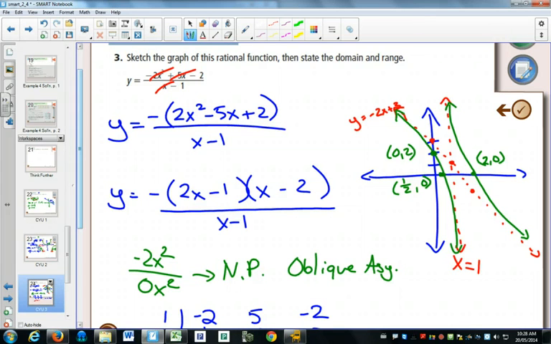It doesn't matter what the oblique one is, because once you get one point on the right side of x equals 1, it's either going to be in this little section below, and then you'll know what the graph looks like because it's got to go to those asymptotes, or it's going to be in this section where it was, and then you can just draw it towards the asymptotes.